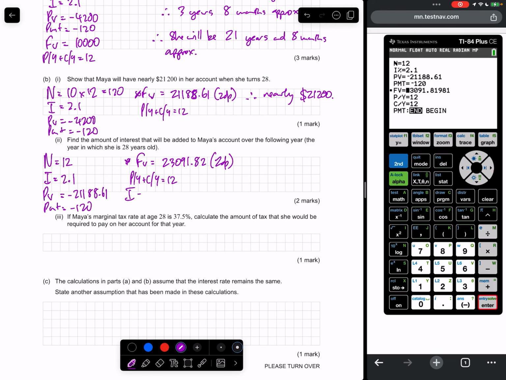Interest is what it grew to minus the amount that was put in, the principal, and any payments. There were 12 payments of 120.